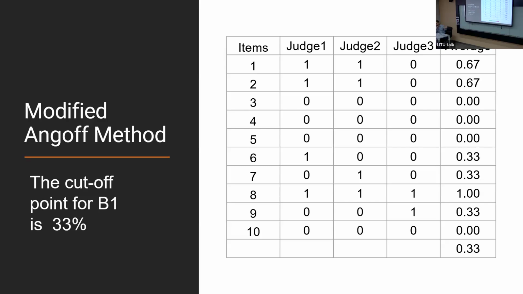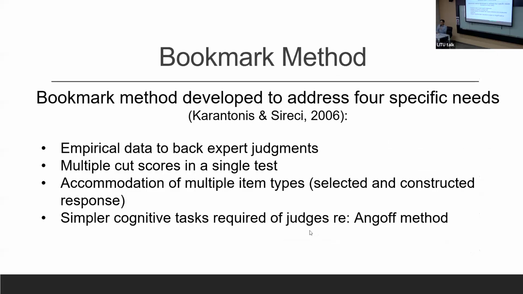If yes, give 1, otherwise 0, right? Then you will get an average score for each item across 3 judges, and all the average scores will give the cut point. So we will do this. That's the modified Angoff method.